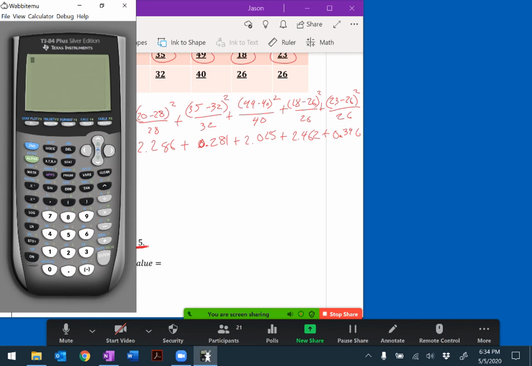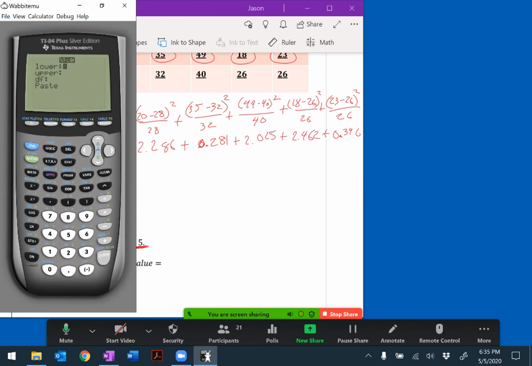Okay, so let's just do this one over here. Stats. We're going to go to second vars, and down here it says chi-squared CDF. So I'm going to do chi-squared CDF.